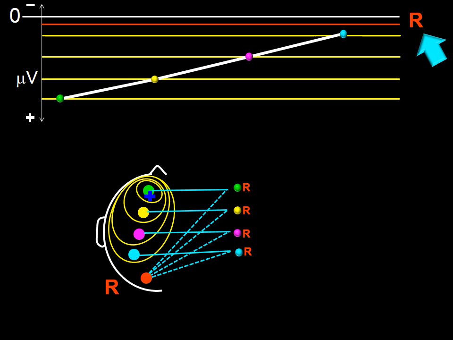Notice that the reference is at the minimum positivity since it is the closest line to the zero line, and that all the other electrodes are positive in relation to the zero line, and that the color of the electrodes in the voltage graph and the isopotential map are matched, the green being the most positive and most anterior.